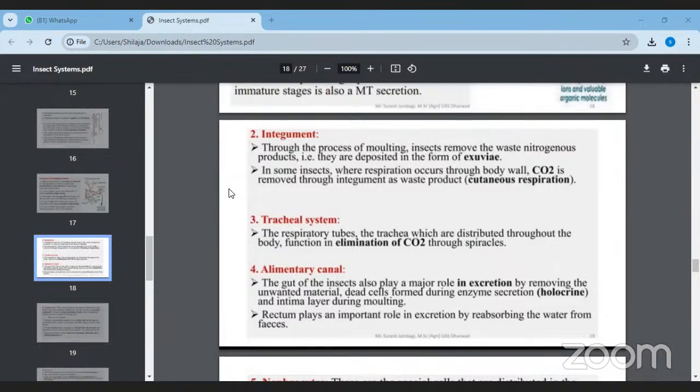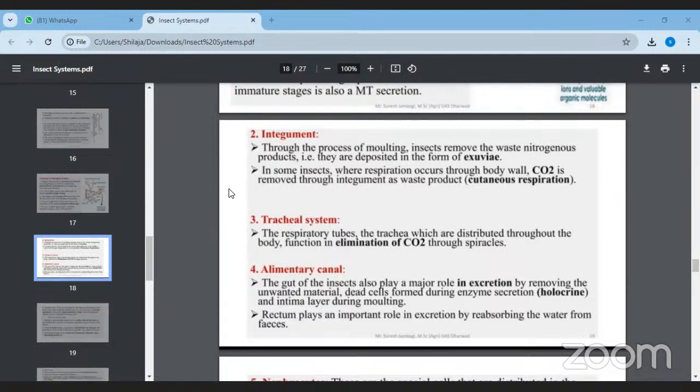So we are able to say that the detoxified chemicals and toxic chemicals are all eliminated, and the transport mechanism of the Malpighian tubules is involved in facilitating the rapid excretion of the toxin from the insect's hemolymph.